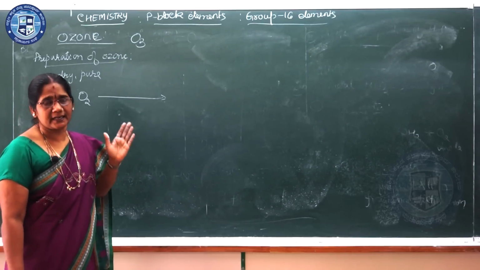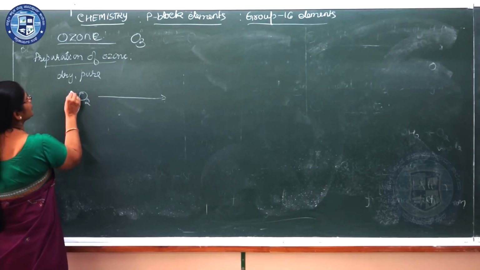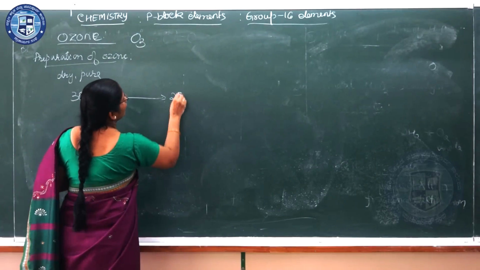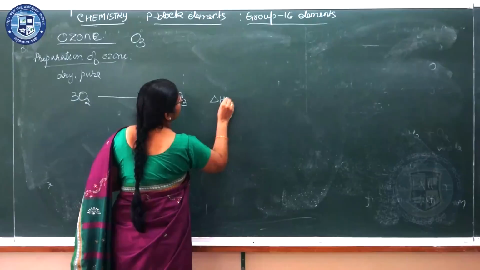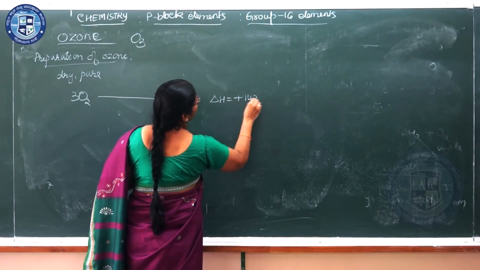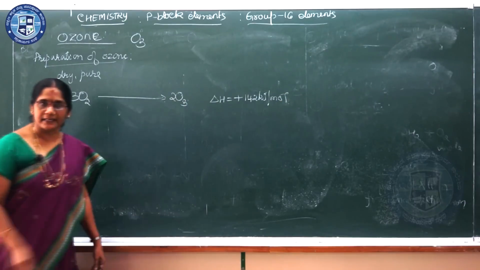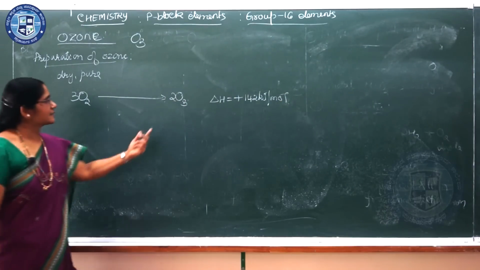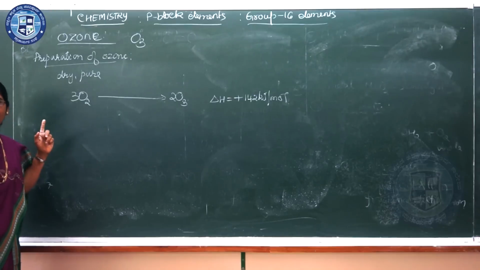No sparks. Silent electric discharge means sparkless, because the conversion of oxygen into ozone is an endothermic process. Delta H is positive 142 kilojoules per mole, and therefore, because it is an endothermic process, if there are sparks, the ozone gets converted back to oxygen, the reversible reaction proceeds.